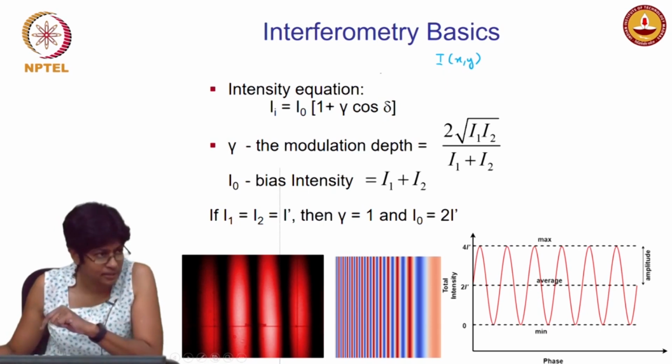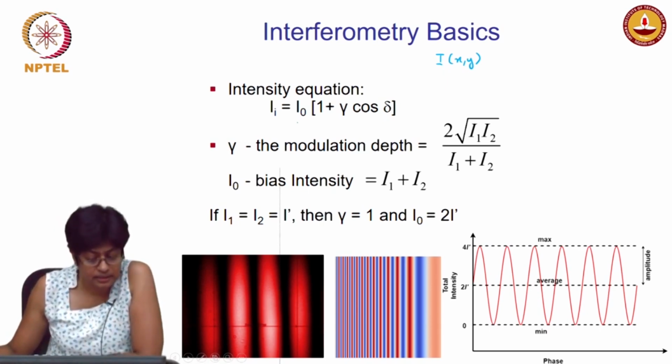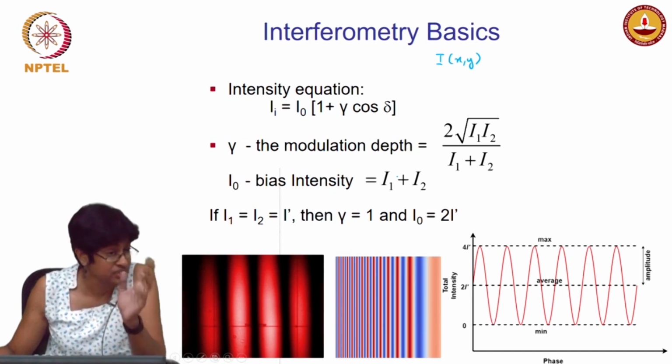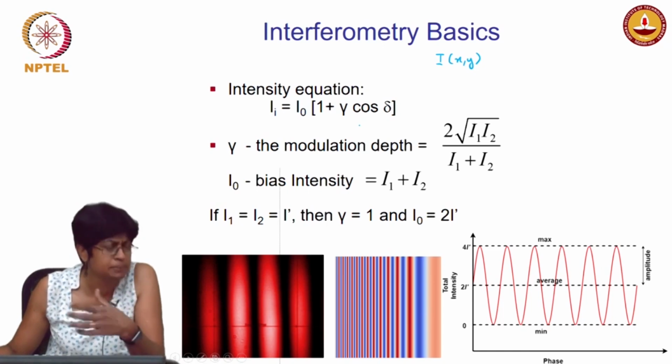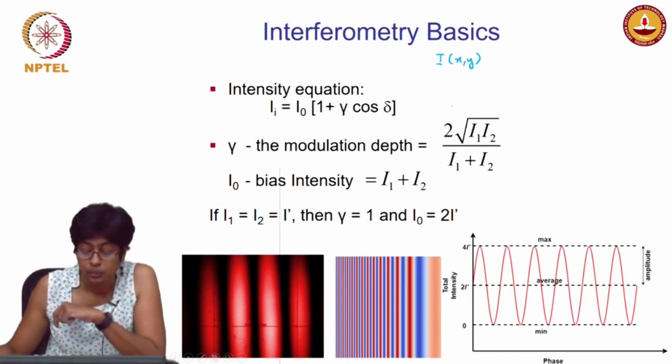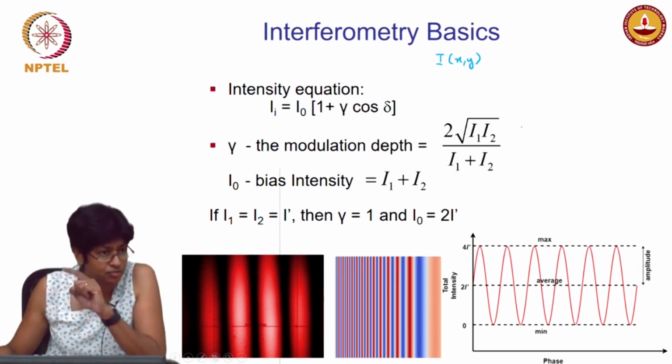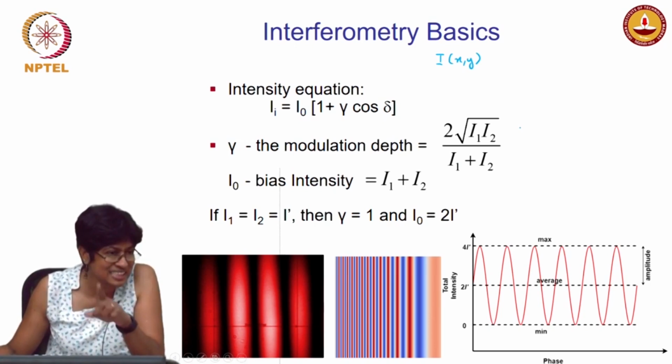But buried in that intensity is this I naught and this gamma, where I naught is nothing but the bias intensity, which is the sum of the intensities of the individual beams that were interfered, and gamma is something called the contrast or the visibility or the modulation depth, which is this function over here. So it's again a function of the intensities of the individual beams.